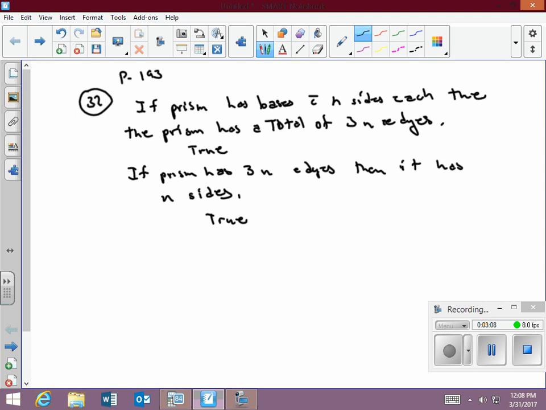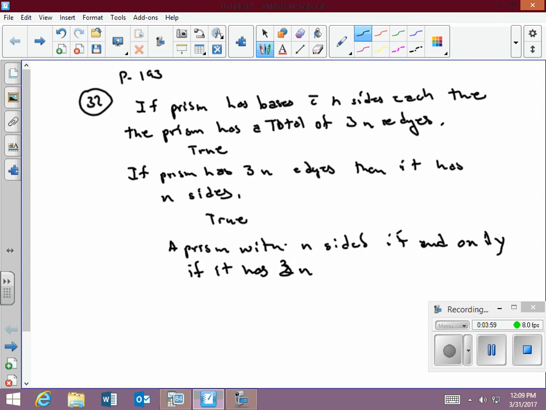So the biconditional statement would be: a prism with n sides if and only if it has 3n edges.